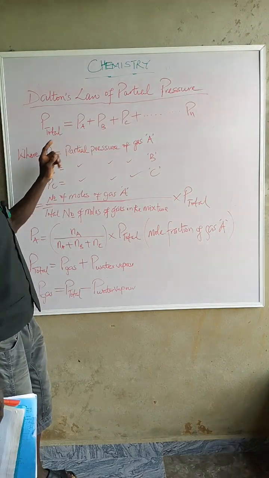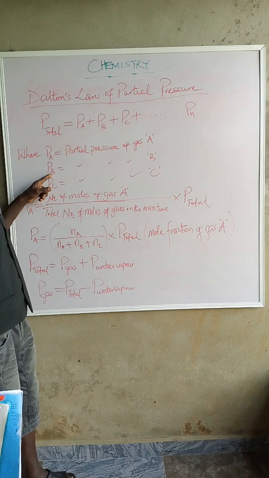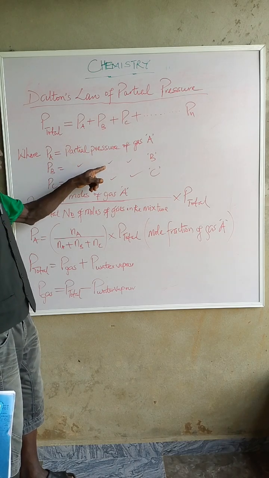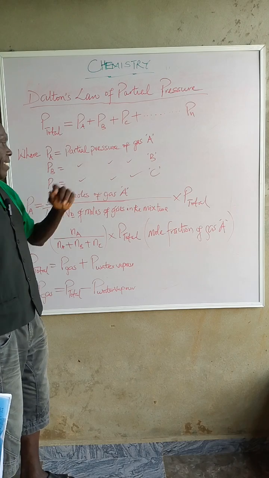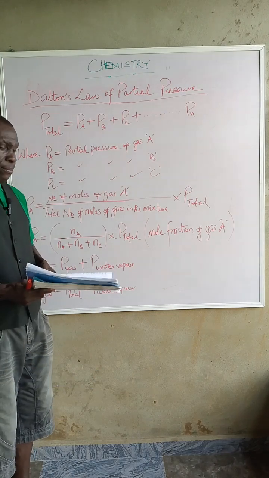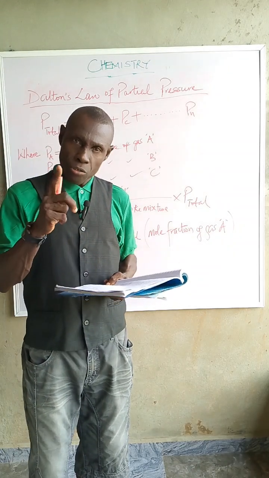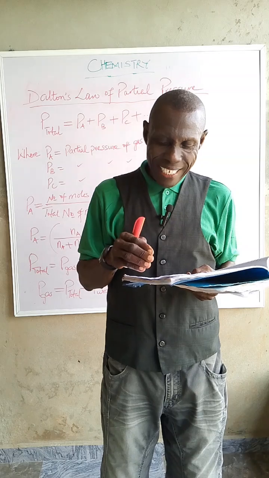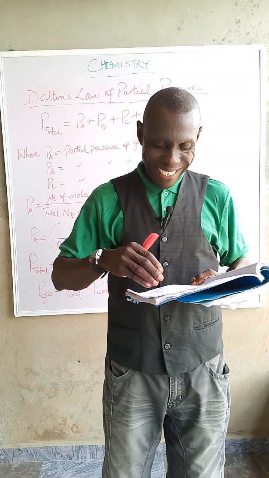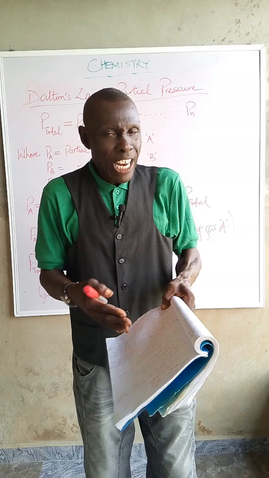So, from this, PA is the partial pressure of gas A. PB, partial pressure of gas B. PC, partial pressure of gas C. Now let's continue. Note that the pressure each gas exerts is called the partial pressure because the gases are not miscible.